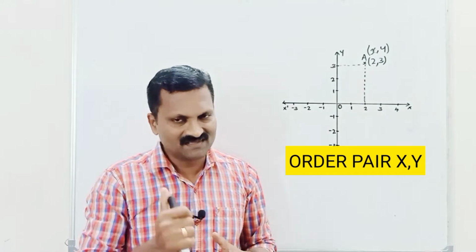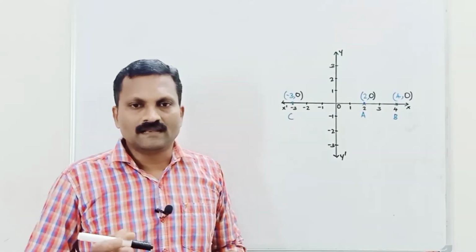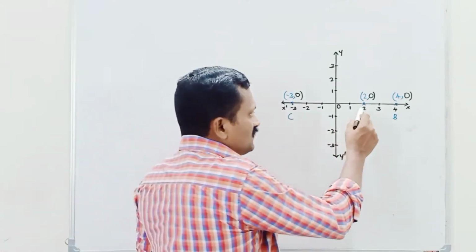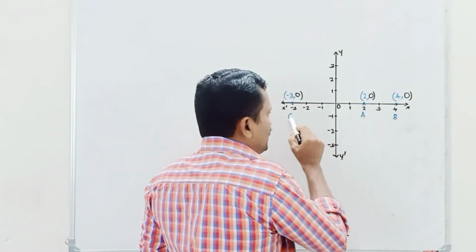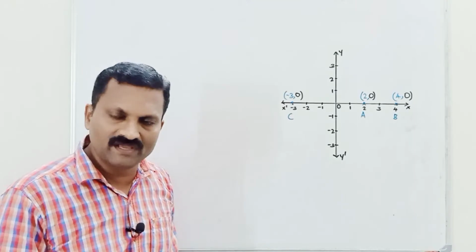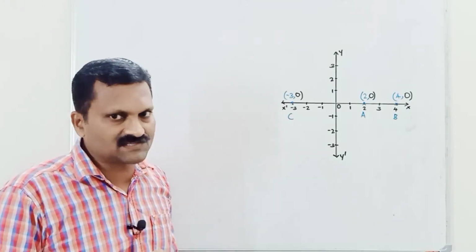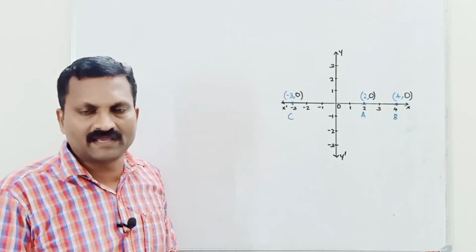Can you follow? Yes. Let's see the coordinates of points on the x-axis. We take the points A, B, C on the x-axis. To get the coordinates, first we find the x-coordinate, then the y-coordinate.